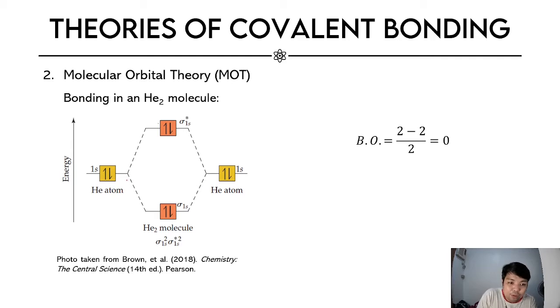Since we have 2 bonding electrons and 2 antibonding electrons, 2 minus 2 is equal to 0, divided by 2, that is equal to 0. A molecule with a 0 bond order means that the bond does not actually exist, or simply, the He2 molecule does not exist.